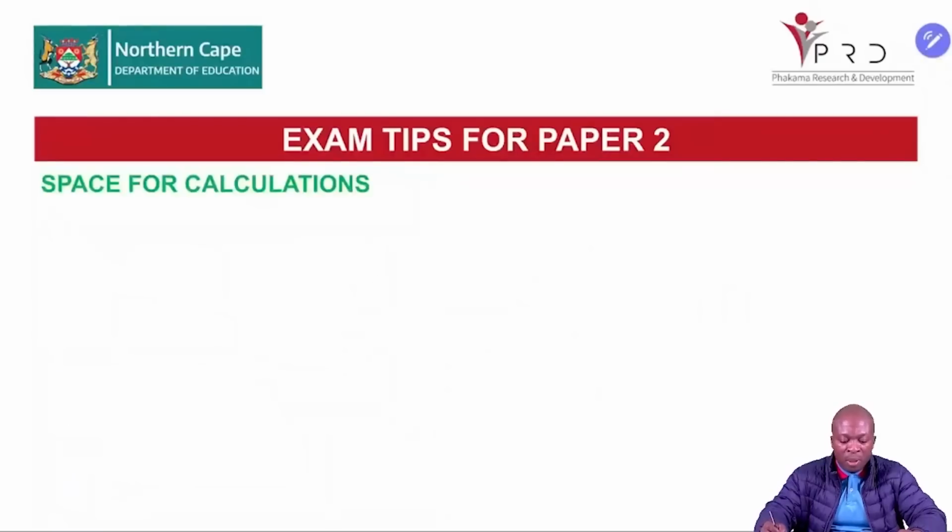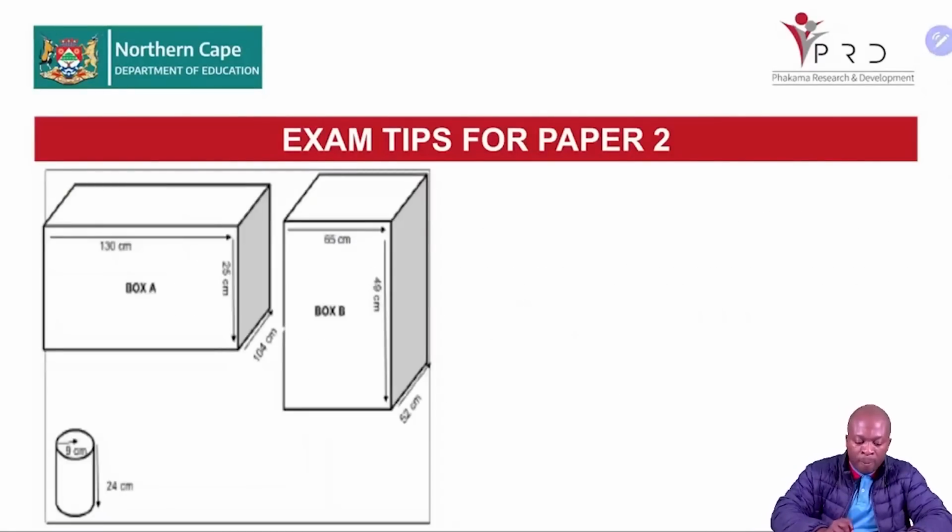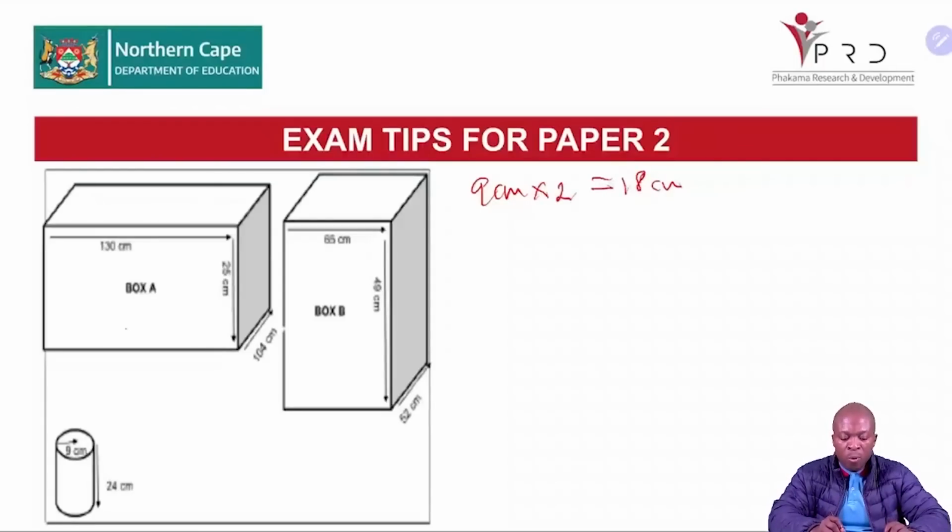So now let's go back and see. Here, if we want to package, the first thing we are going to do is say 9 centimeters multiplied by 2. That will give us the diameter of 18 centimeters. To package this can in box A, we are going to take each measurement.